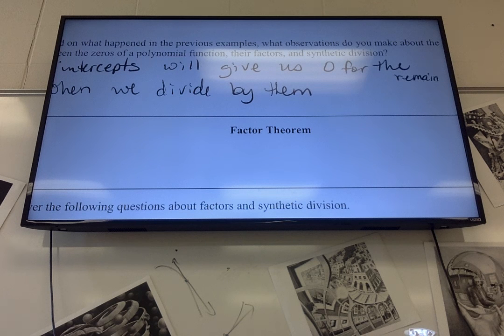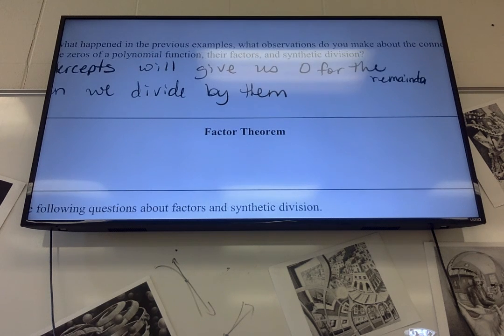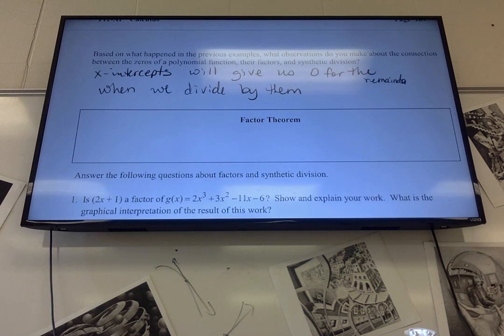Sorry. That's what happens when I think on my feet. So when it is an x-intercept, then I know it's going to give me a remainder of 0 when I try to divide by, or using the remainder theorem, when you plug it in, it should give us 0. And that's the factor theorem.